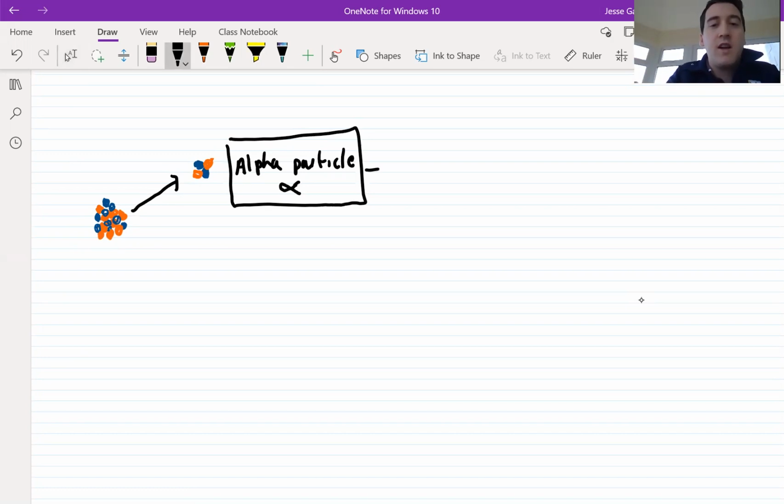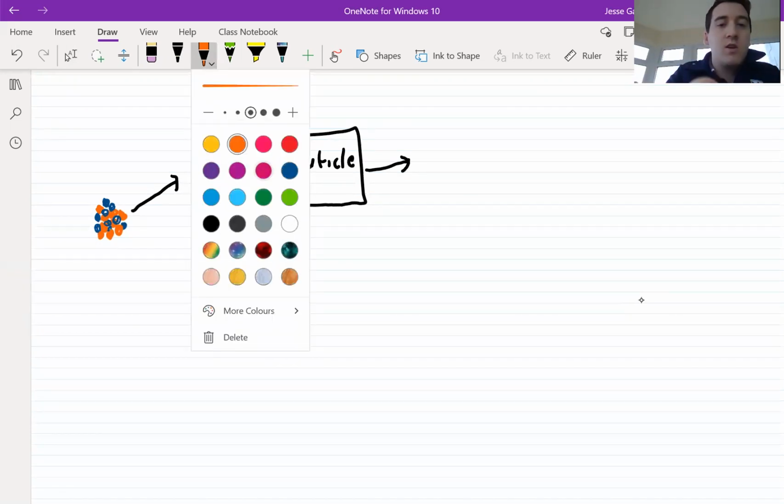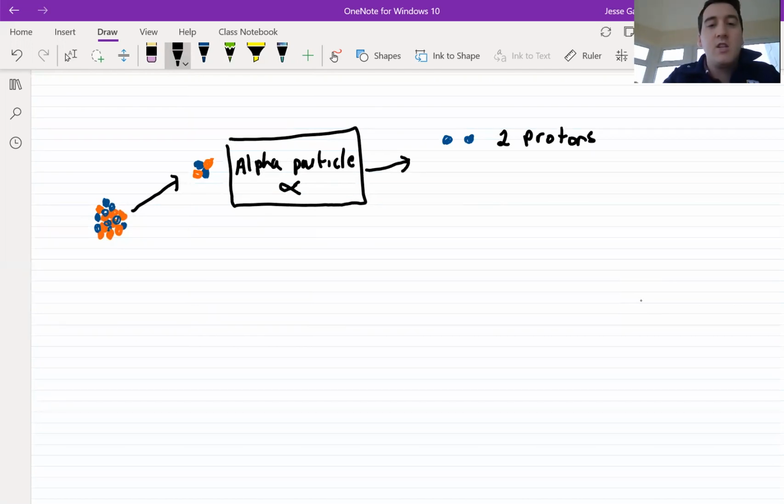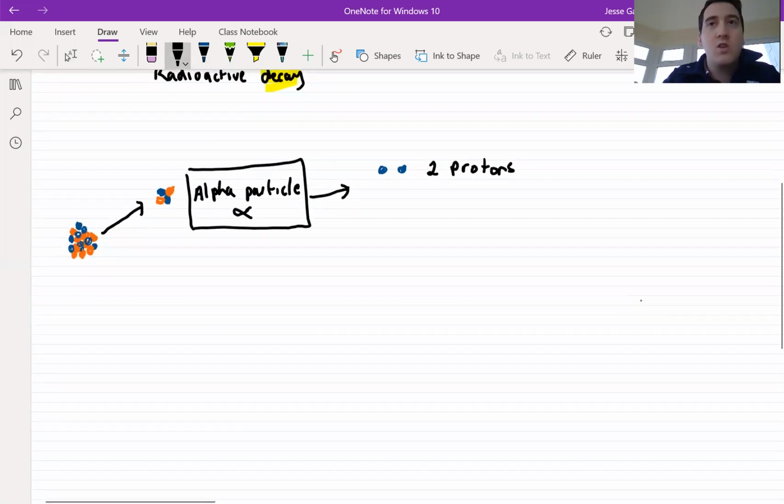Now again, an alpha particle is made of 2 protons, which I'm going to show with the blue dot. So we've got 2 protons, and each proton has a +1 charge.